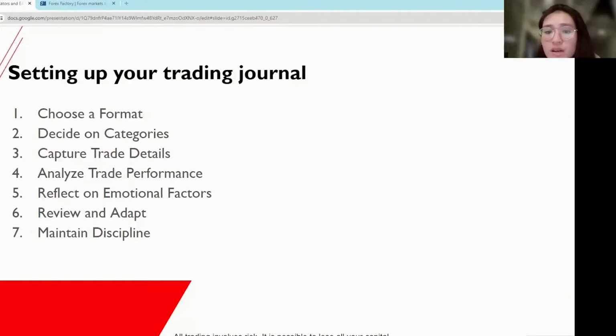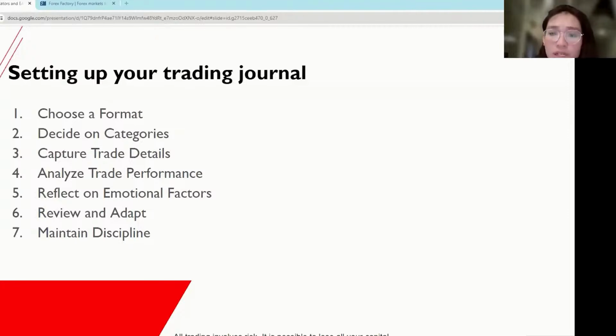Analyze trade performance. Basically, you are going to regularly review your trading journal to analyze your trade performance by looking for patterns, trends, and areas for improvement. Emotional factors. This is quite important and quite often overlooked, because it's important to take note of your emotional state during each trade.